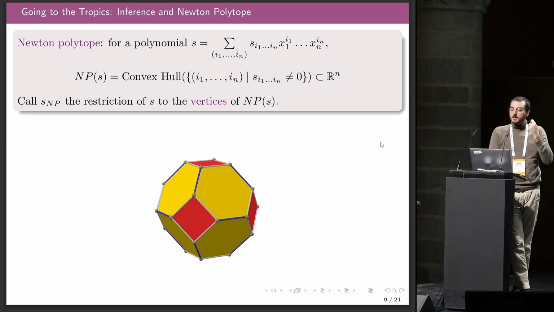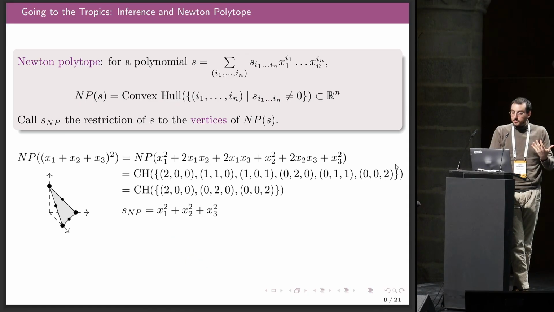And actually, we are interested in the vertices of this object. So the vertices are, of course, this point here. Now, the reason why we are interested in the vertices, we can see from this example. If I have this polynomial here and expand it, it's this big sum. If I consider for each monomial the corresponding point, I have these 6 points, which are the points here. And if I take the convex hull, I get the 2-simplex in gray.